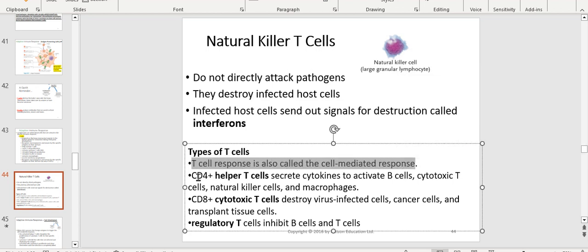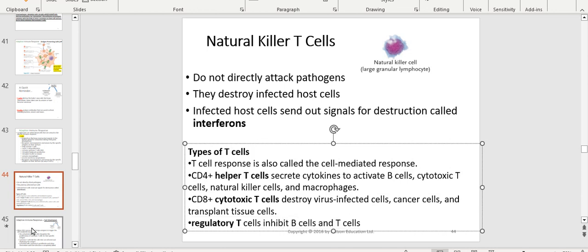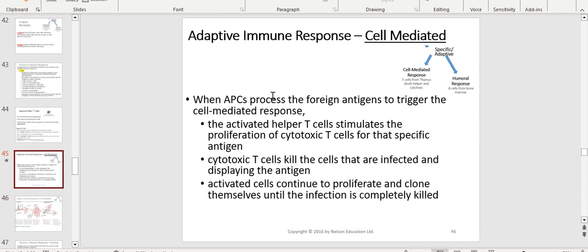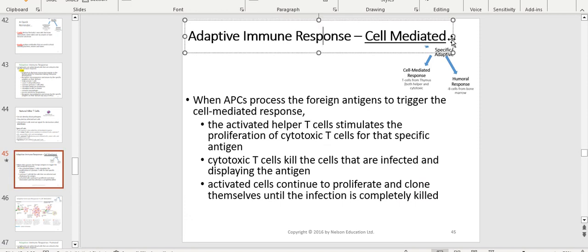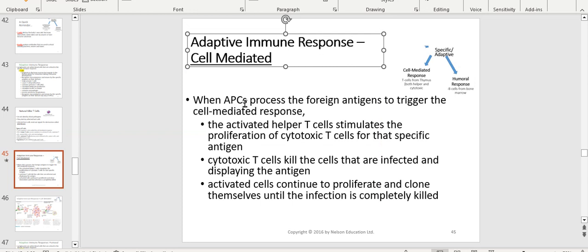I'm not too interested in CD4 helper T cells, CD8 and all that, but regulatory T cells inhibit B cells and T cells. In the adaptive immune response, when antigen-presenting cells process the foreign antigens to trigger the cell-mediated response, the activated helper T cell stimulates the proliferation of cytotoxic T cells for that specific antigen.